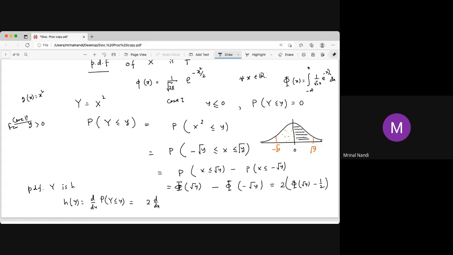The derivative of minus half is 0. Now again you have to use the chain rule: the derivative of capital phi is small phi, the PDF of the standard normal distribution, and the derivative of root y is 1 by 2 root y.